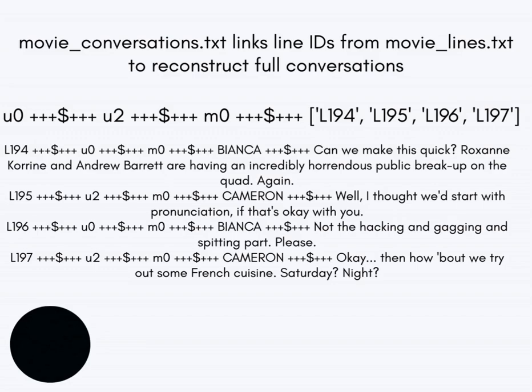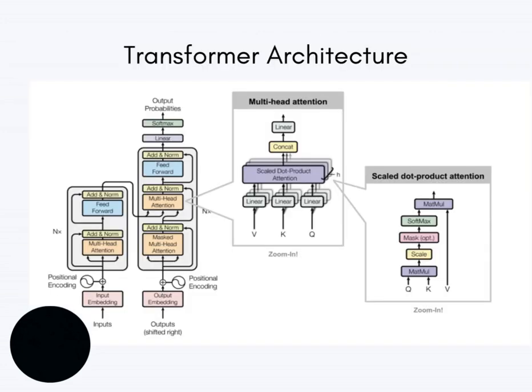Okay, so that gives you an idea of this movie conversation. Keeping this in mind, which we will talk about in part 2, I now want to deep dive into the transformer architecture, which has an encoder and decoder part of the model, and which will actually help us in creating or learning these conversations between the characters.